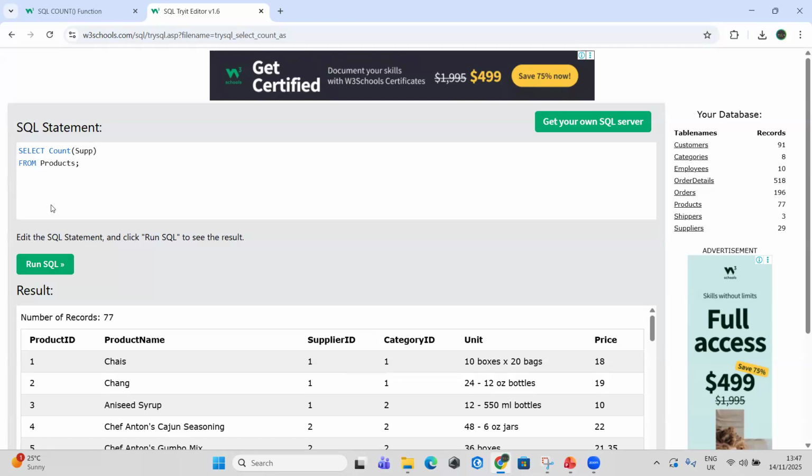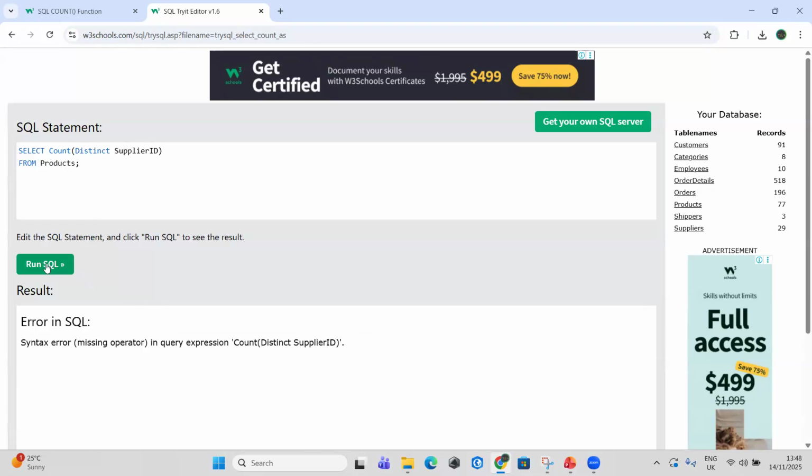So there is this thing that you missed, that is the most important thing. Distinct. It will always select the supplier. Now you have supplier ID one three times. It will count it three times. With distinct it will count as one.